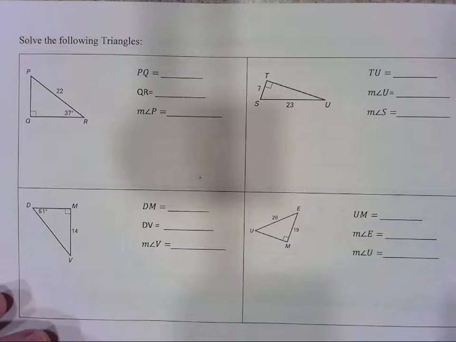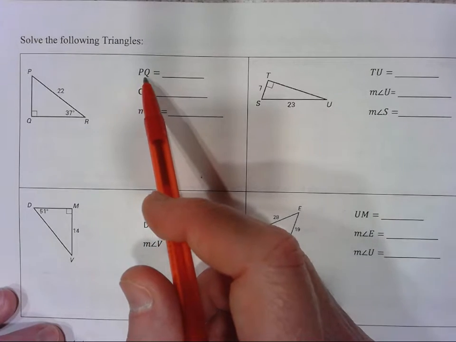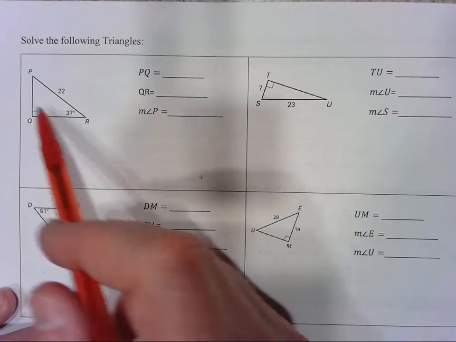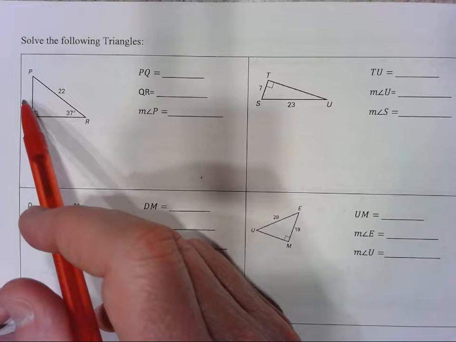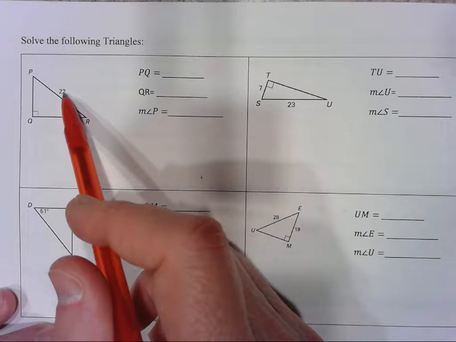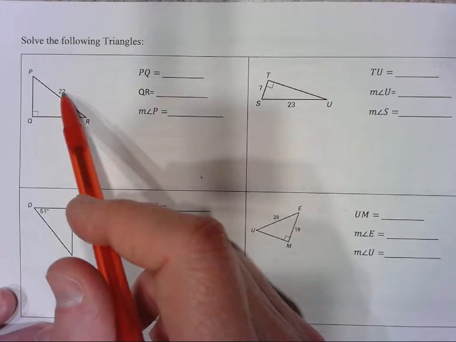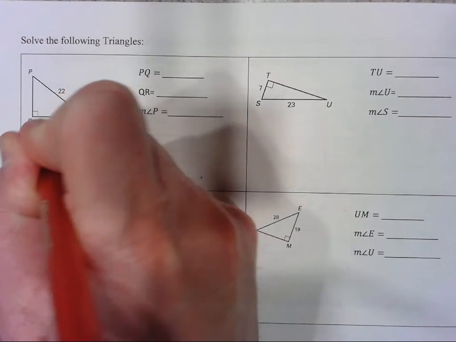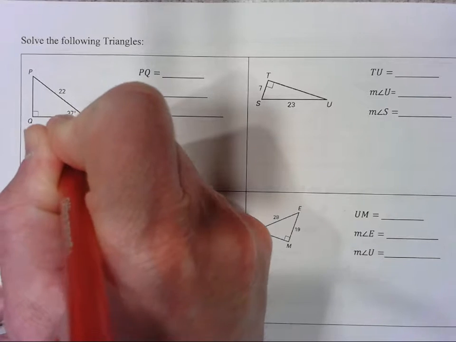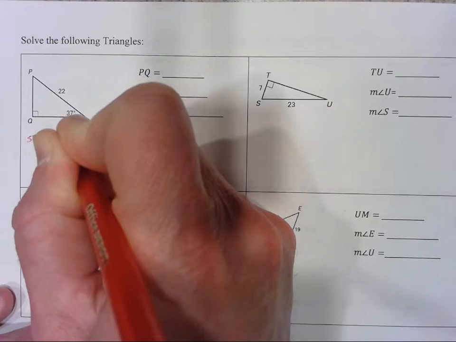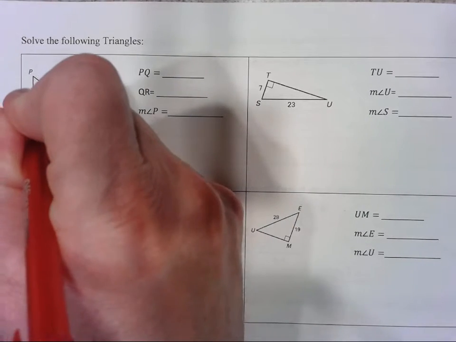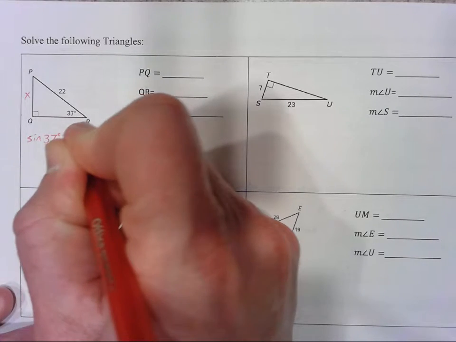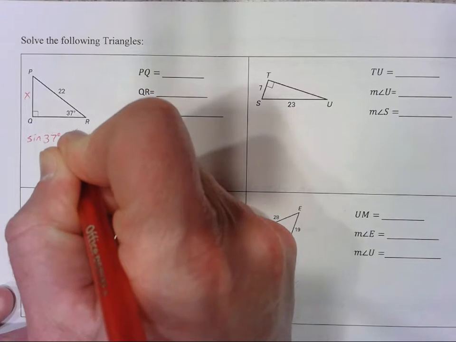So, to find PQ, PQ is the opposite side of 37. Opposite over hypotenuse, since I know this side, means I'm using sine. So sine of 37 degrees equals the opposite side over the hypotenuse.